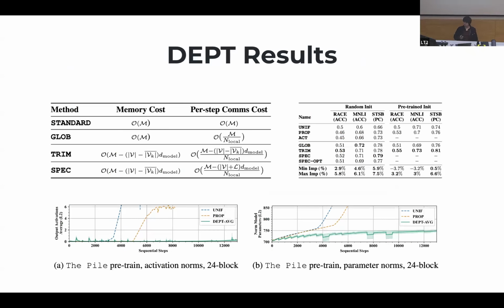Now, in terms of results, first we have the asymptotic memory costs and communication costs on the top left. These should be quite evident from what I've just told you. They mostly come down to eliminating either the communication of a layer or reducing its parameters. Next to the right of this, we have the downstream fine-tuning results, where generally speaking, models trained in this way outperform their centralized counterparts.